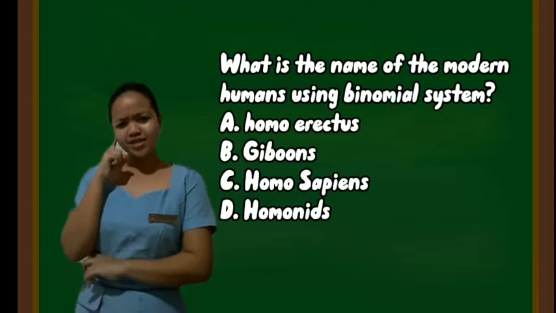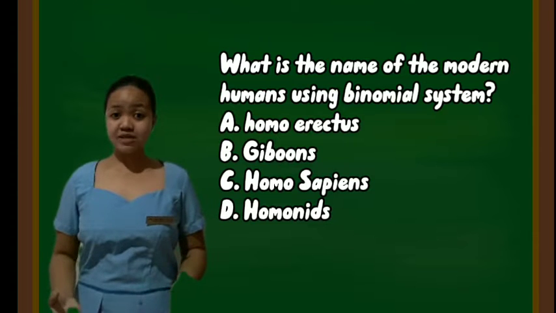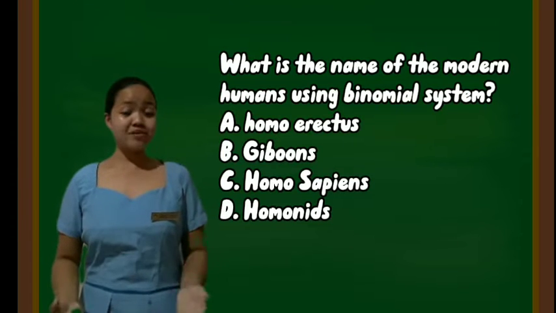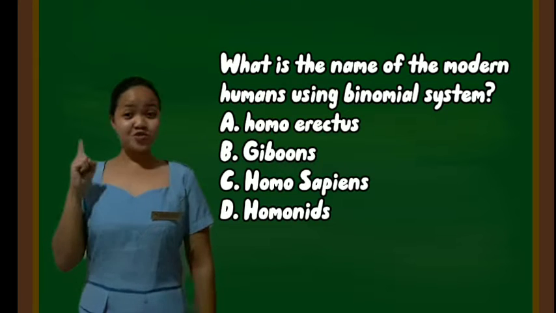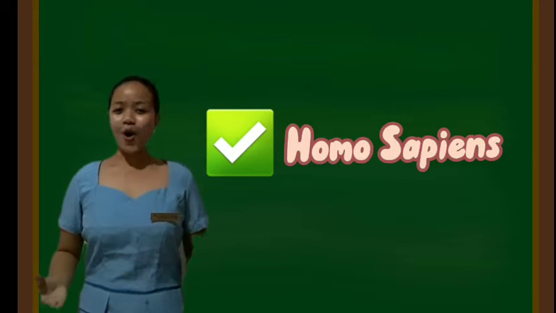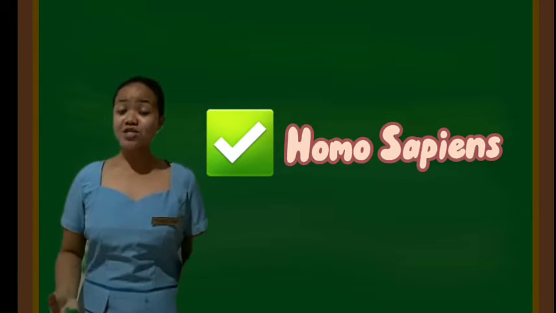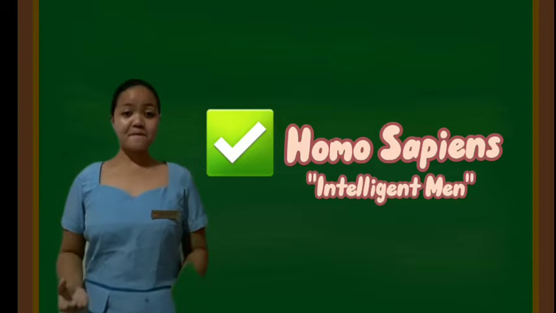So for example, try to guess what is the name of modern humans using the binomial system. That's right, we are Homo sapiens, which also means intelligent man.